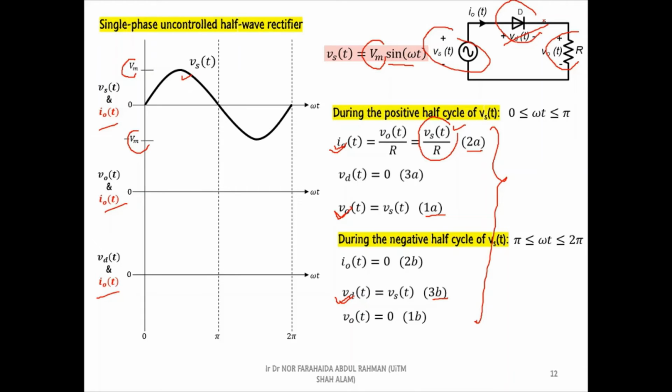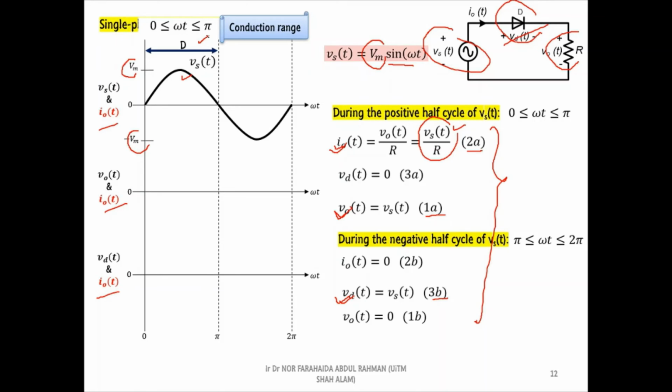Thus, we can use an arrow to label the range of the forward bias on the graph. So, we will know that the diode will conduct current only in this range. This range, which is in between 0 to pi, is known as the conduction range of the diode.